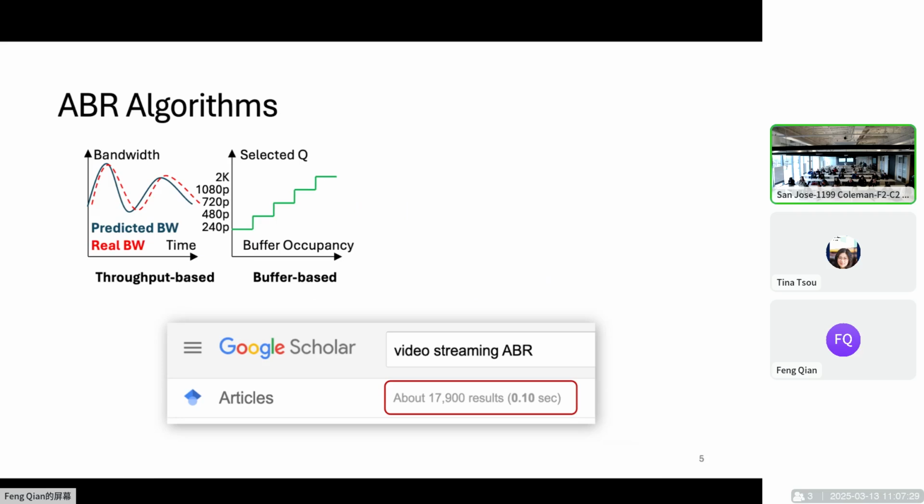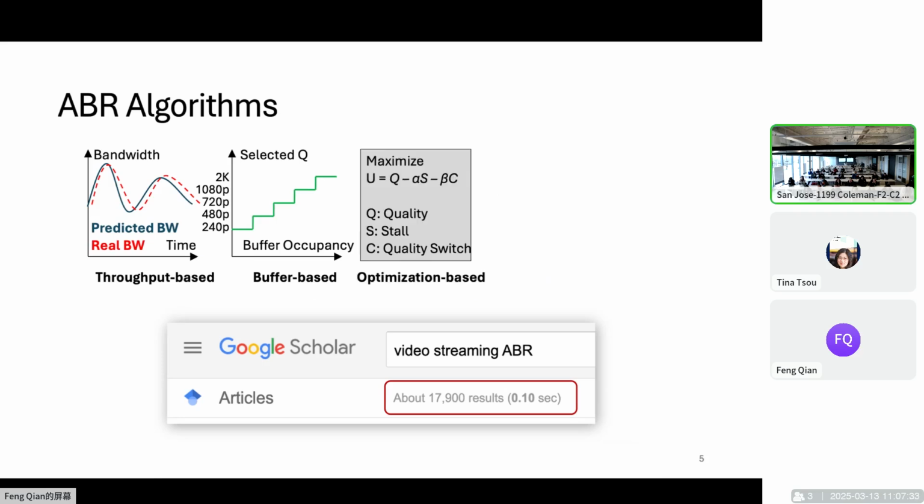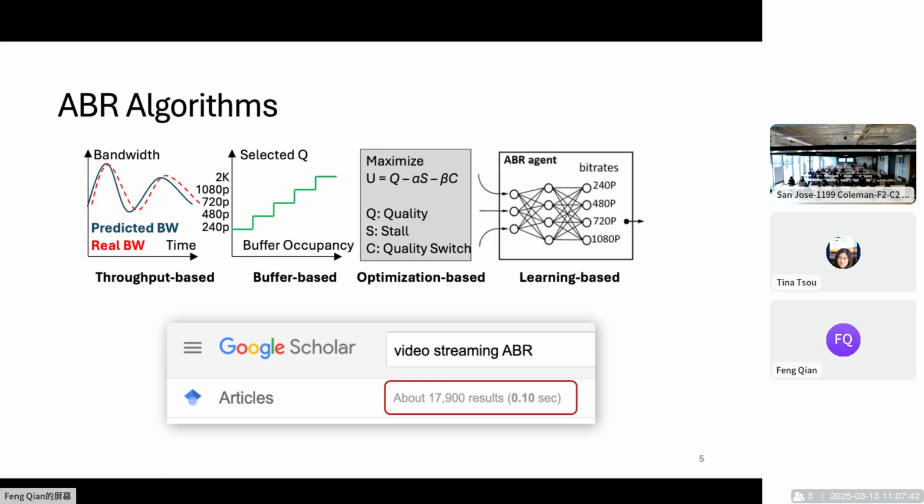When the buffer level is high, we can use a high resolution. Also, some algorithms use an optimization approach, doing some mathematical modeling to determine which level to fetch. And recently, there are some neural network-based approaches. They train a machine learning model to predict which level to fetch.